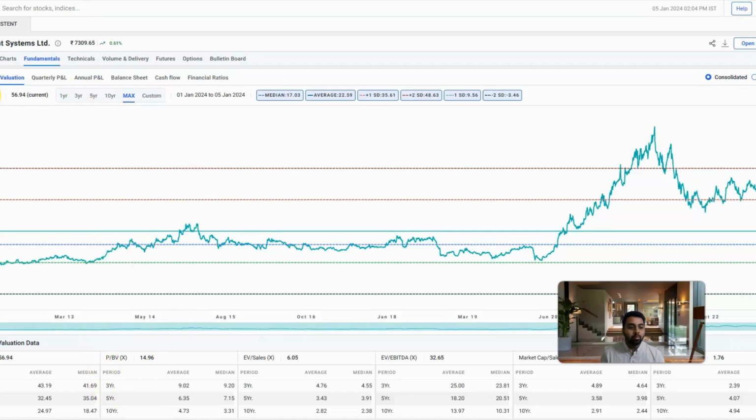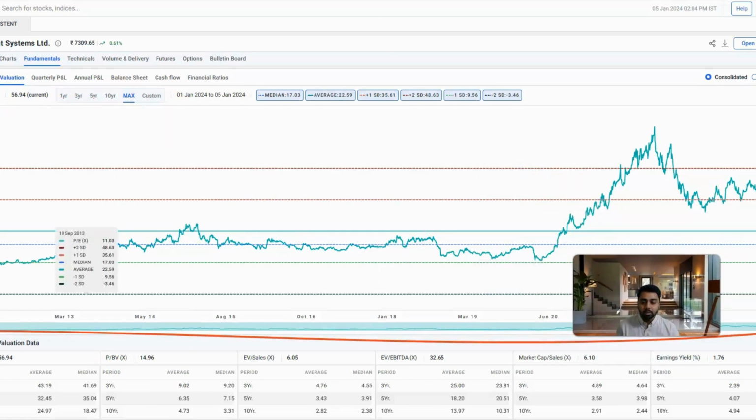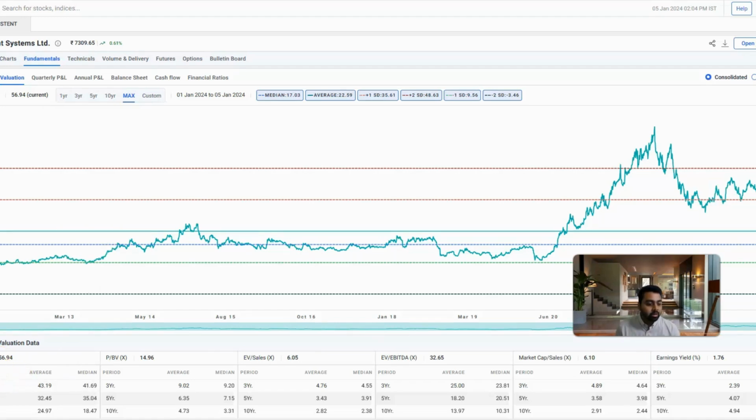Even if you go by historic valuations, we have given a summary at the bottom as well. Historically the average PE has been 43 for 3 years, 32 for 5 years, and 25 for 10 years, and so on for the other ratios as well.